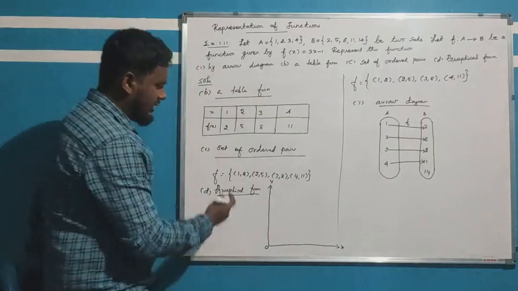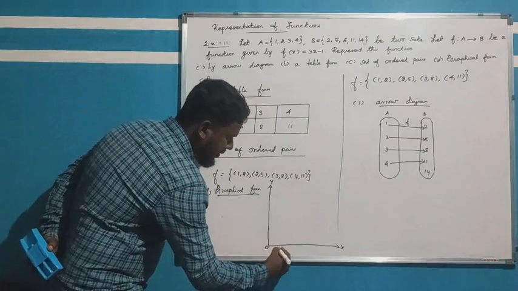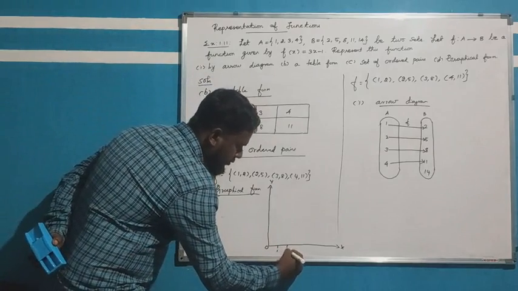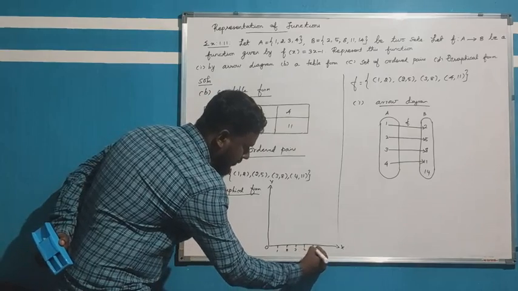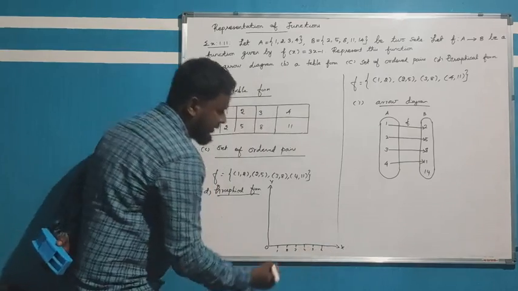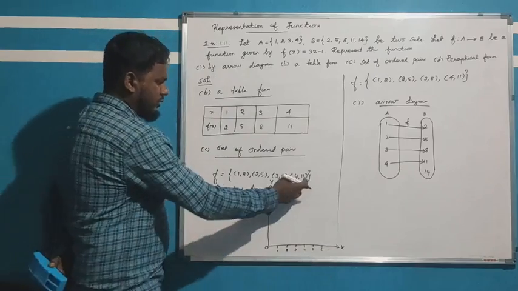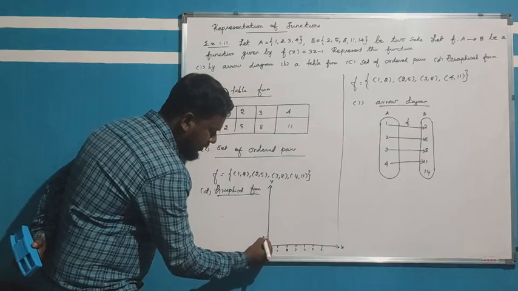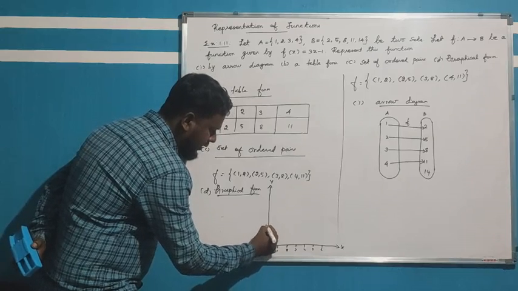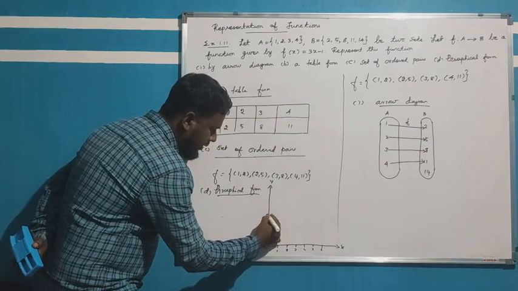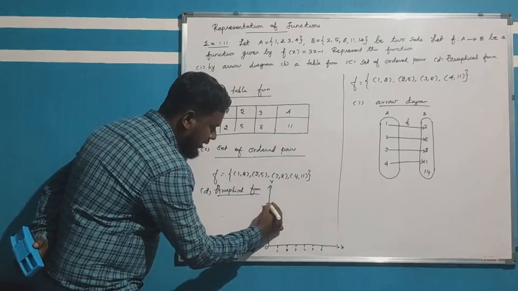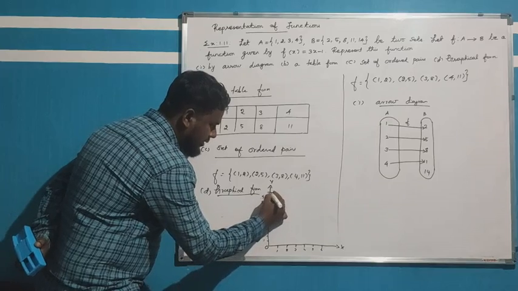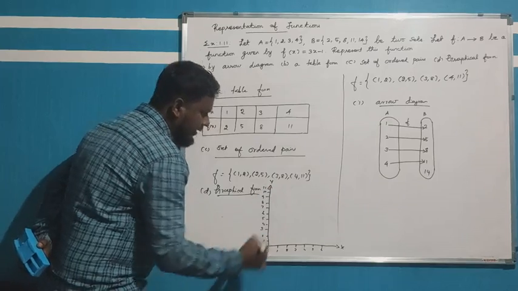Approximately, on the x-axis I am taking elements 1, 2, 3, 4, 5, 6. On the y-axis, the greatest element is 11, so you have to take 1, 2, 3, 4, 5, 6, 7, 8, 9, 10, 11.